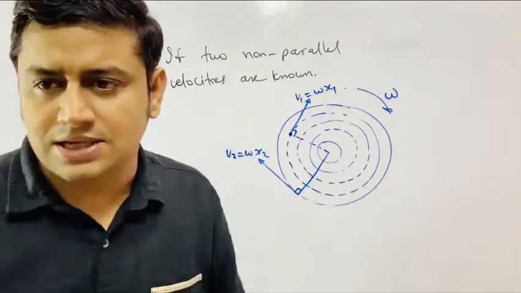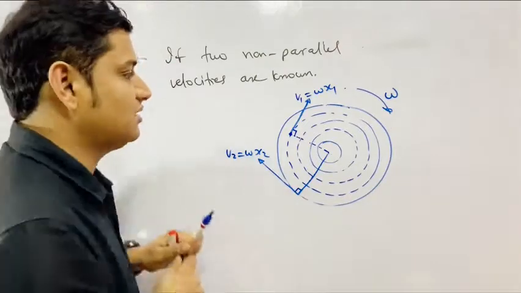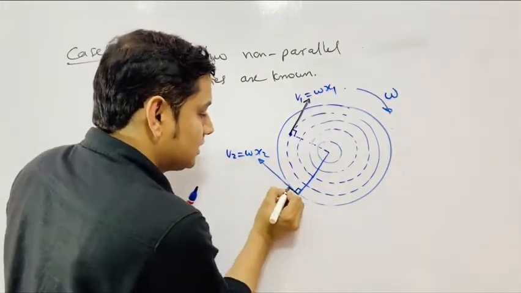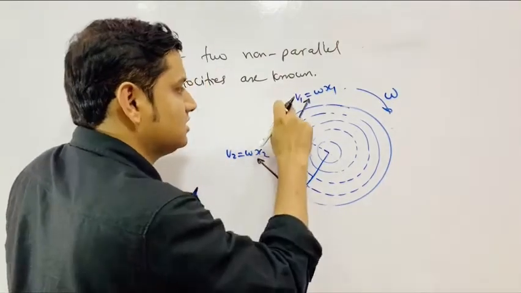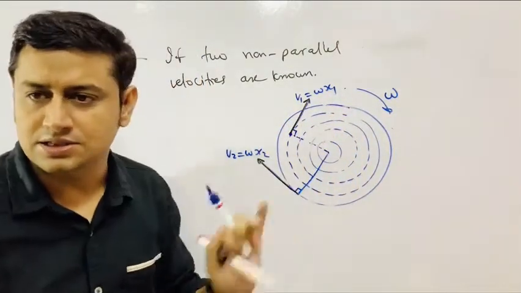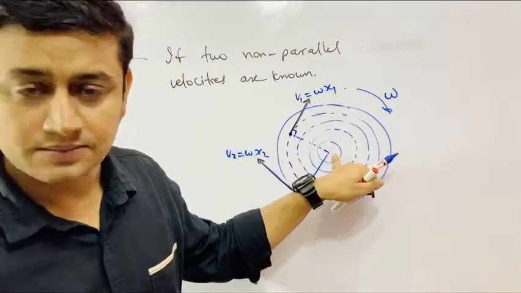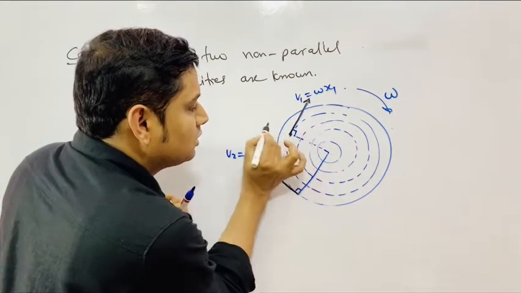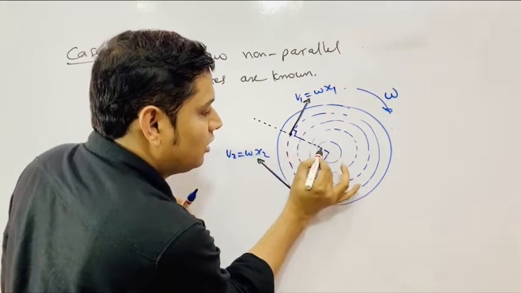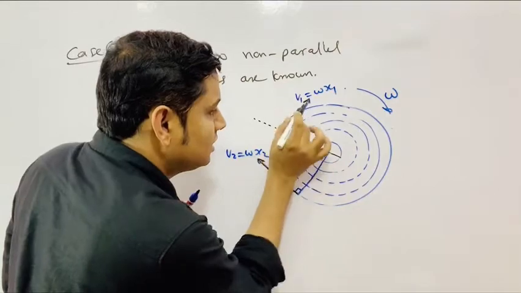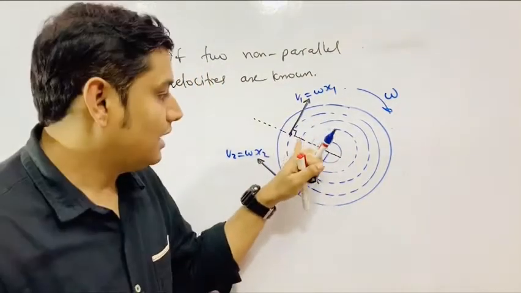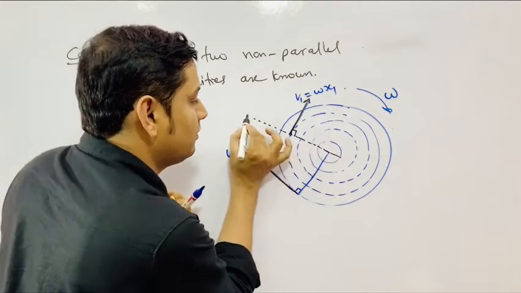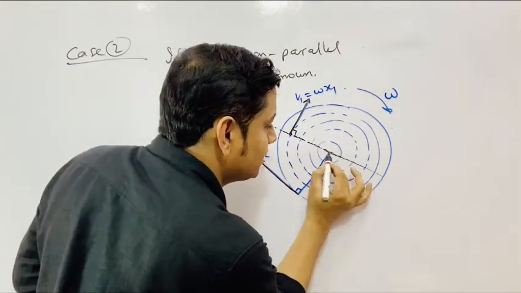Now suppose reverse case is there. I have been given two velocities, this and this, and nothing else is given. I don't know where the axis is, but I know two velocities. Can I say, if I drop a perpendicular at the tail of this velocity vector, it would pass through the center?